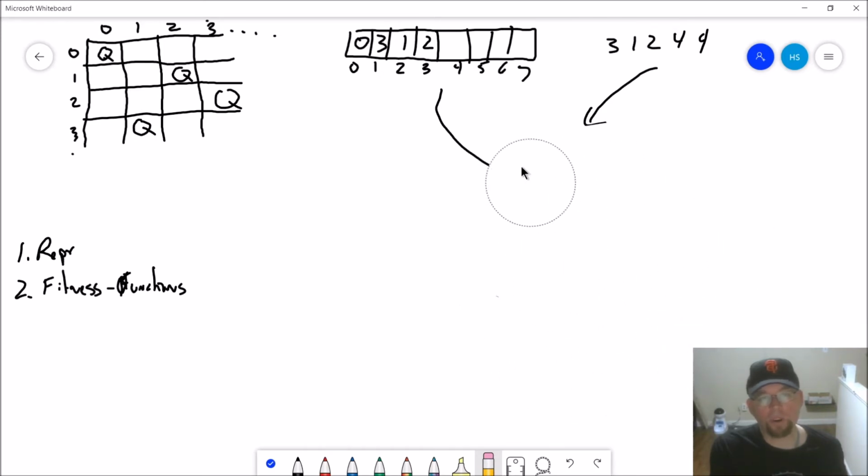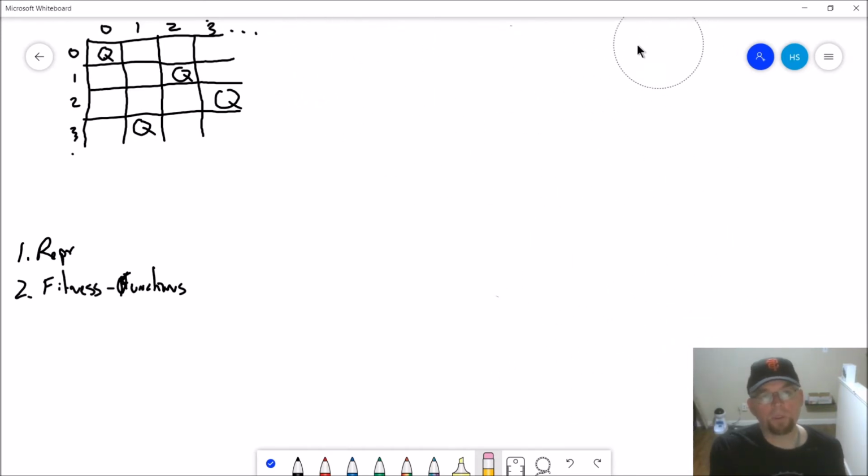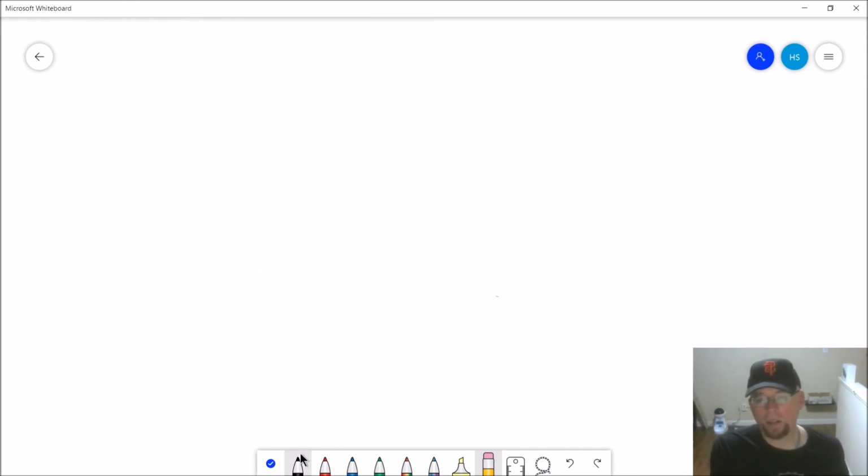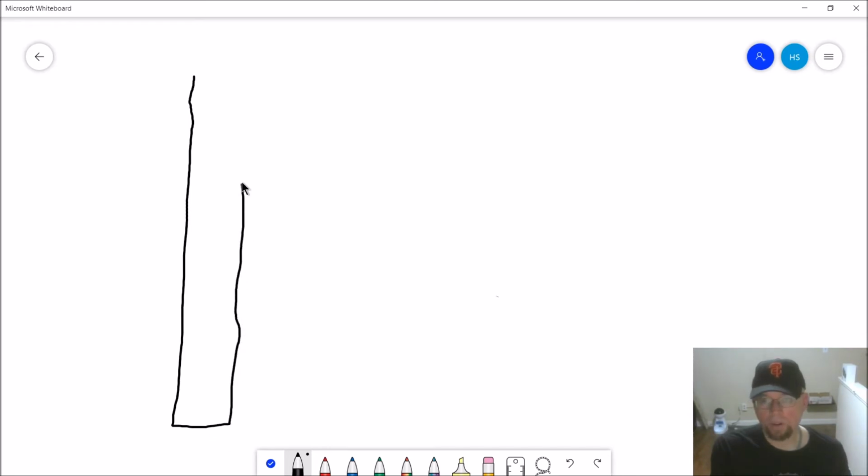So how could you store your population? Now remember, with the genetic algorithm, you start off with a randomly generated population, right? So you come up with some kind of random state generator, right?